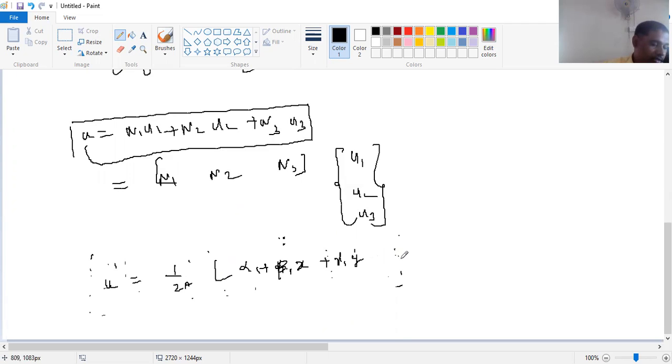Similarly, we'll get alpha 2 plus beta 2 x plus gamma 2 y. Similarly, we'll get alpha 3 plus beta 3 x plus gamma 3 y, multiplied with u1, u2, and u3.